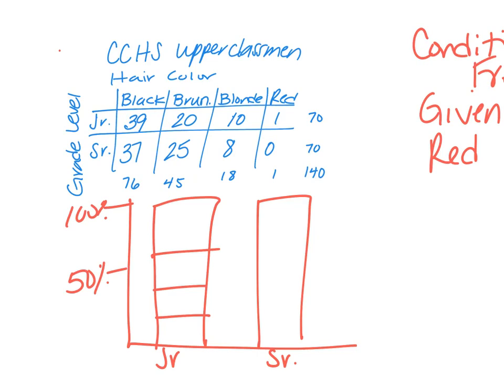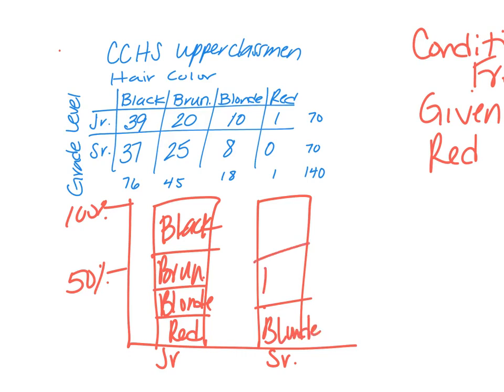Okay, this is a very bad example, but for example, maybe the top is black, this is the brunette, this is the blonde, and this is the redhead. Over here, we could have the blonde, the brunette, and then the black hair. And then by looking at these two bars, I can make a comparison to see whether or not there's a relationship between a student's grade level and their hair color.